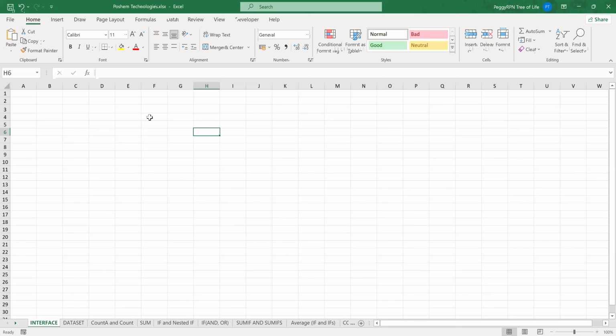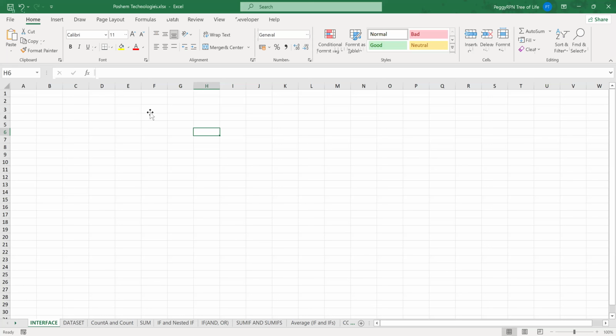We have numbers. Numbers can be integers, that's whole numbers. You can have floats, that's decimal numbers. You have dates. Everyone knows what a date is. Then you have strings, which are called text in Excel.